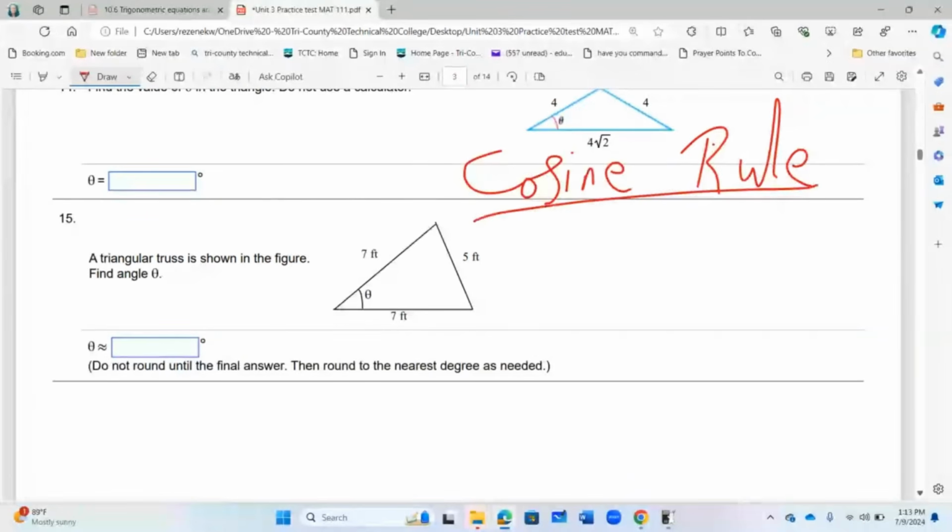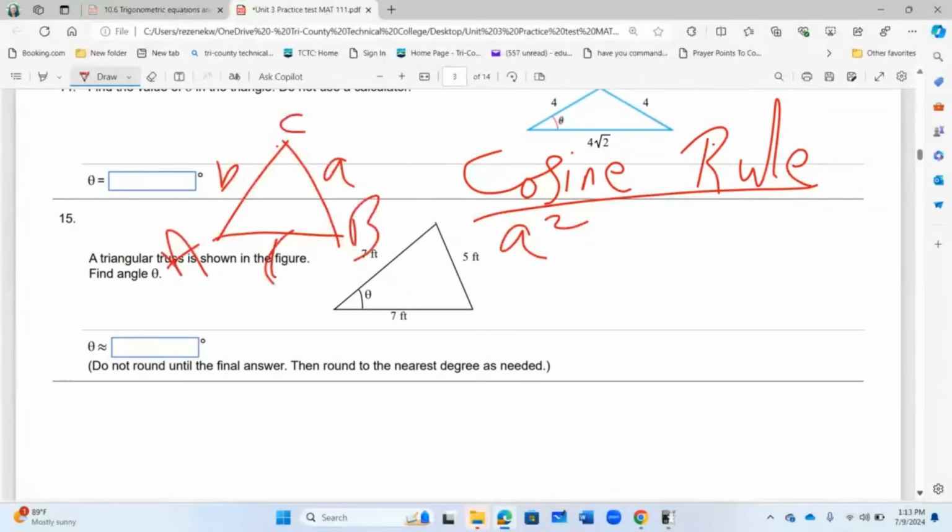All right, so in a triangle with capital letter A, capital letter B, and this is C. If I'm looking for A, then A squared is equal to B squared plus C squared minus 2BC cosine of A, the side I'm looking for.